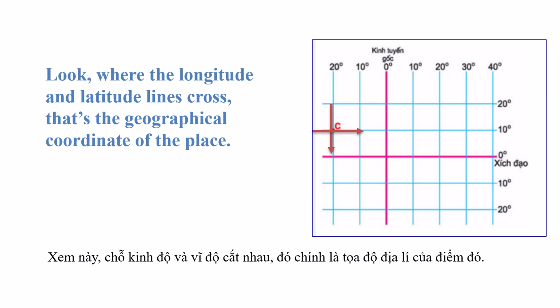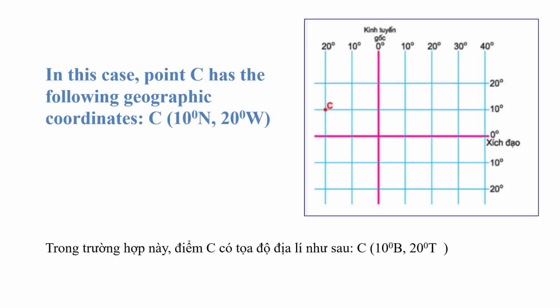Where the longitude and latitude lines cross, that's the geographic coordinate of the place. In this case, point C has the following geographic coordinate: 10 degrees north and 20 degrees west.